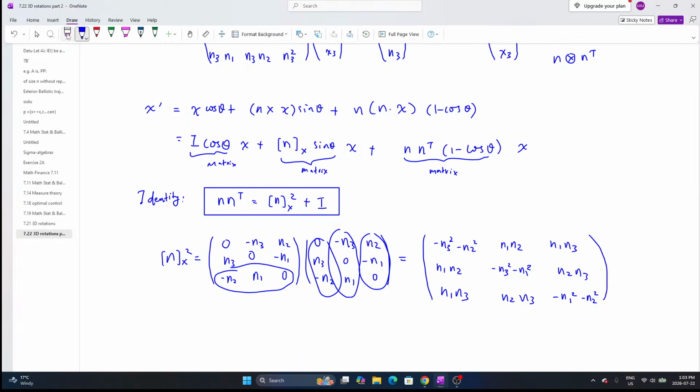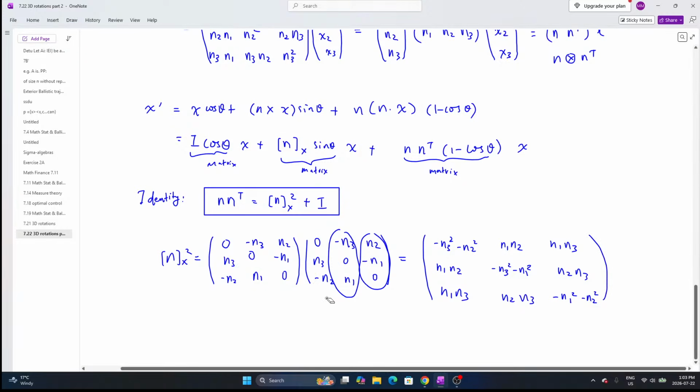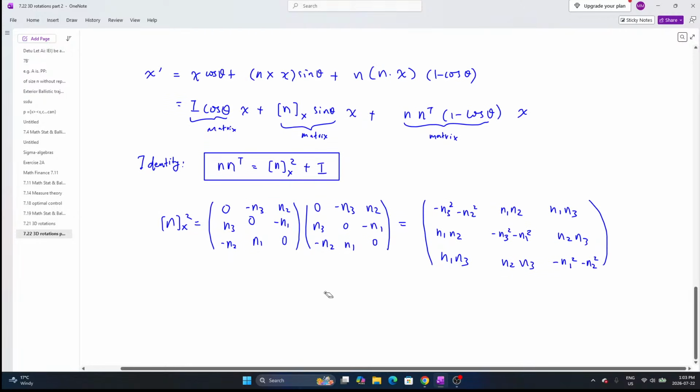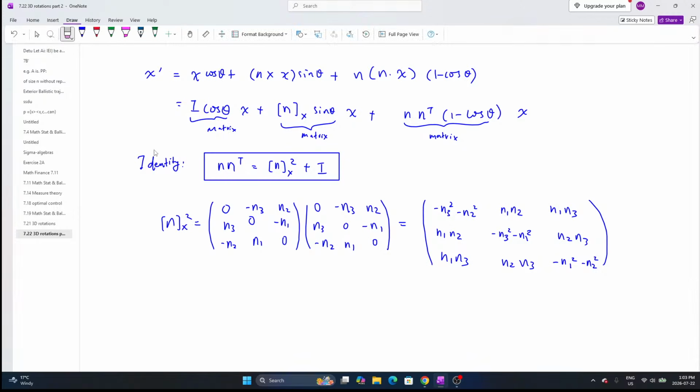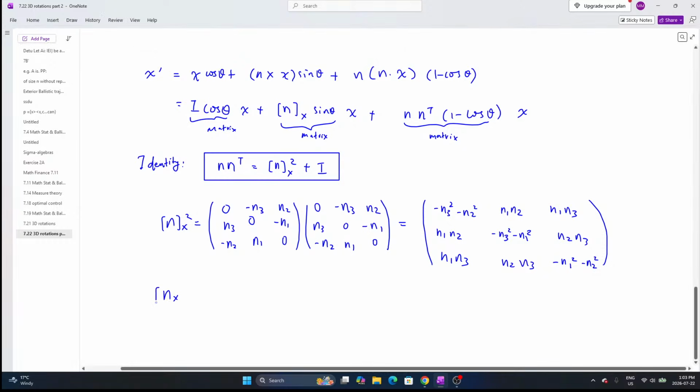All right. Okay, so just remove everything. So yeah, there we go. This is the square, and then plus I. So if we plus I, you're just going to add 1 on the diagonals, and everything else stays the same.